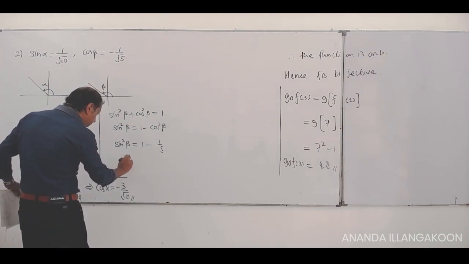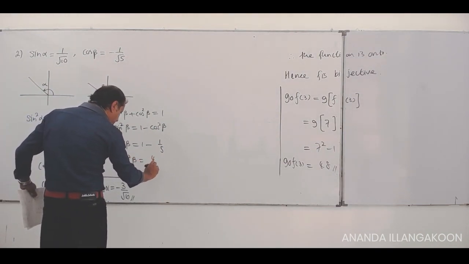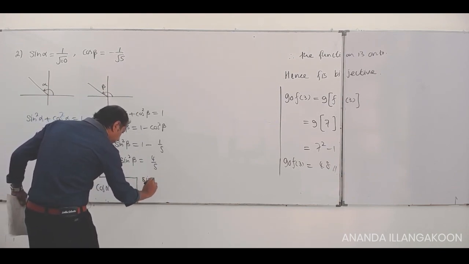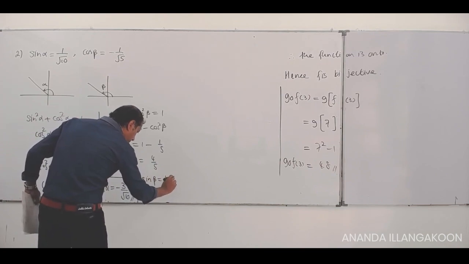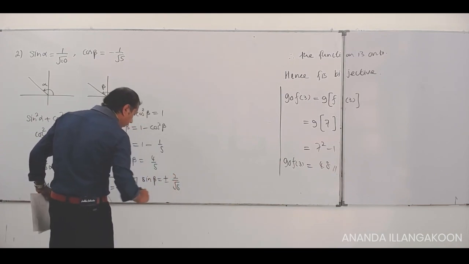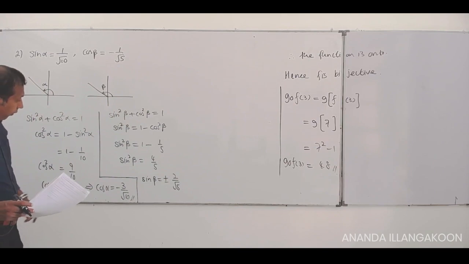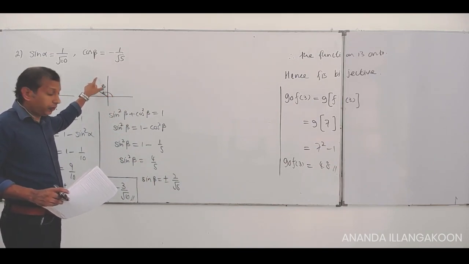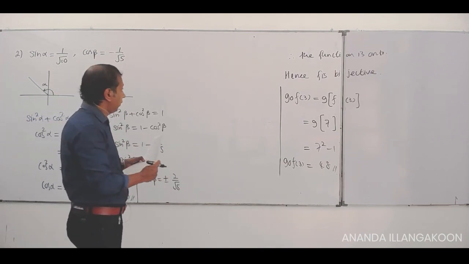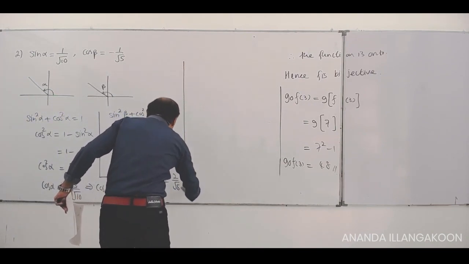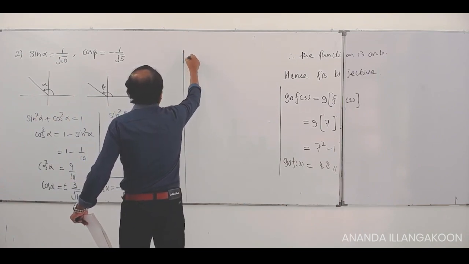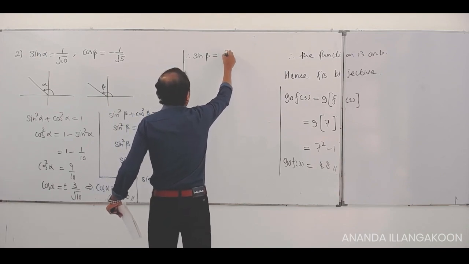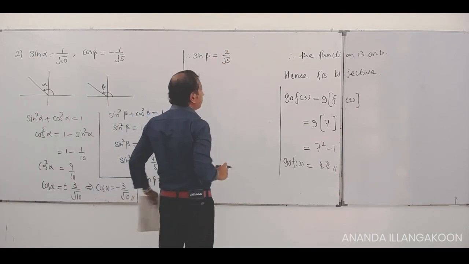We get sin squared beta equals 4 over 5. For sin beta, take the square root, plus or minus. Beta is in the second quadrant, where sin is positive. Therefore, this time we have to select the plus sign. Then sin beta is equal to 2 over root 5.